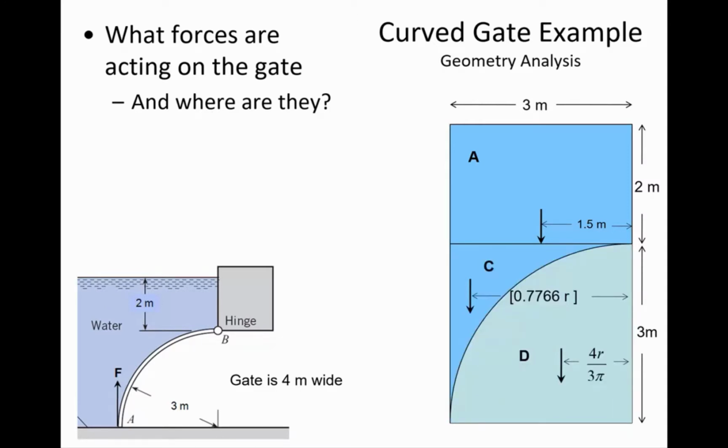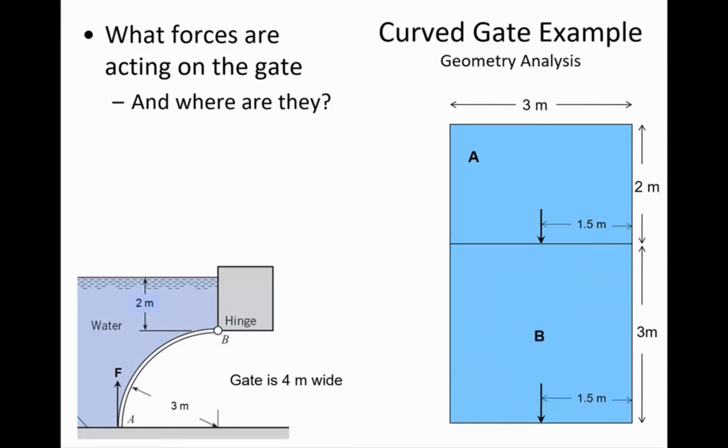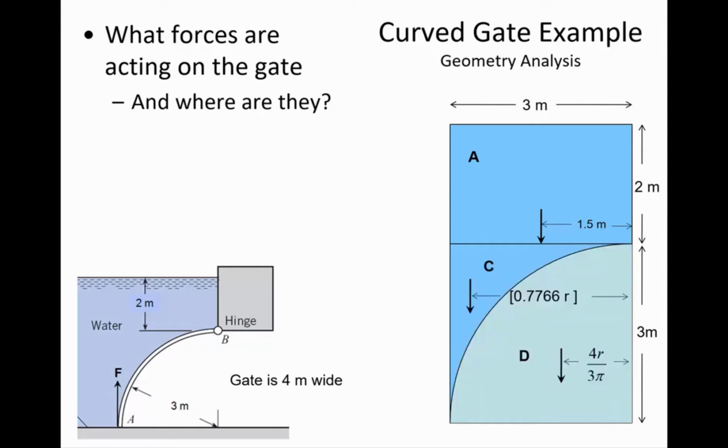Piece D is the quarter circle, and C is what's left over. So if I find B and I subtract out D, then what remains is C. So in other words, C plus D equals B. Or the other way to say it is B minus D equals C.